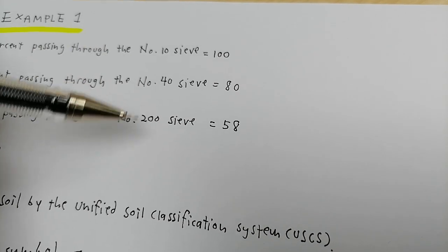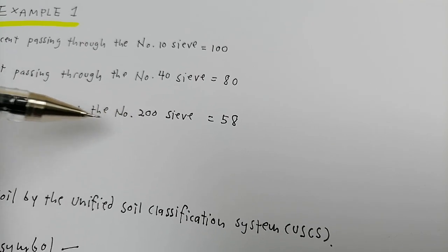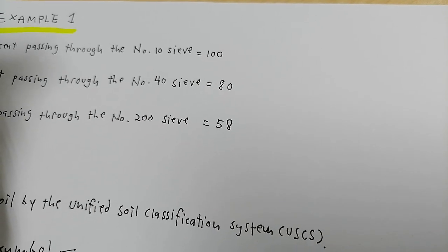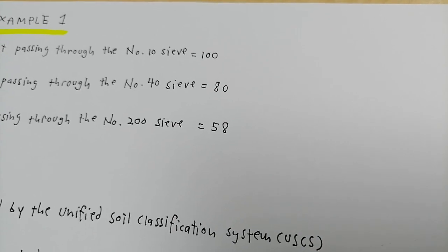Okay, and when the number of the sieve is big, like this one, number 200, the diameter of the opening is small. Okay, I'll draw for you.